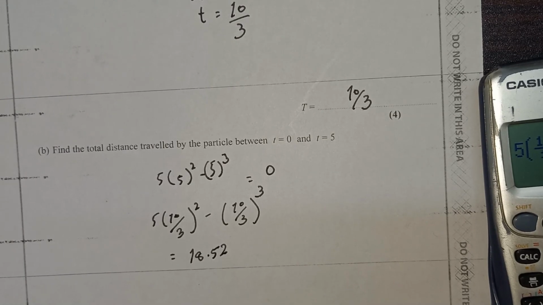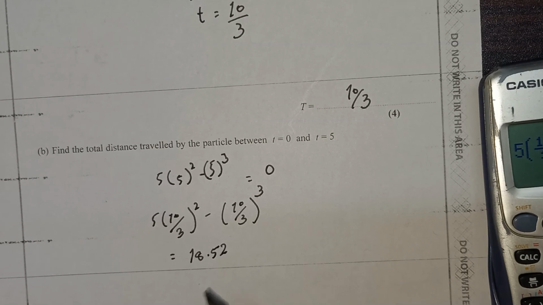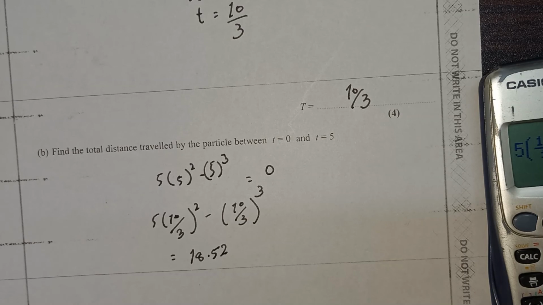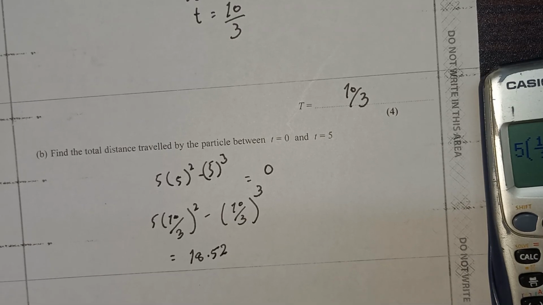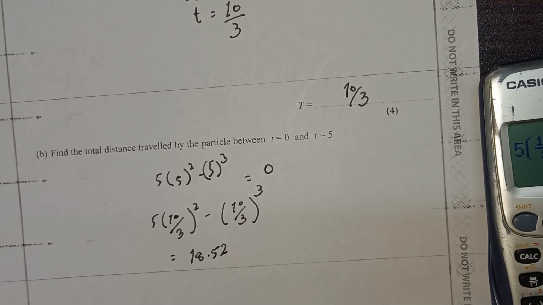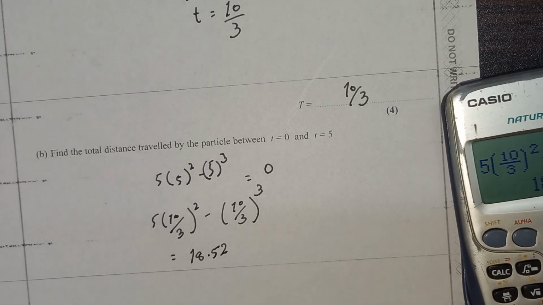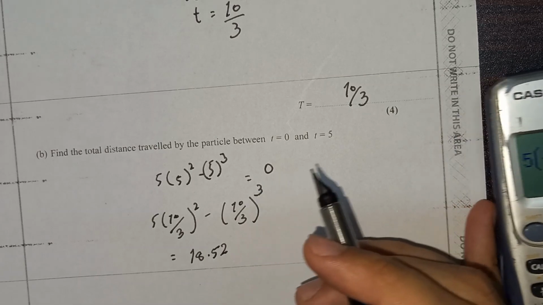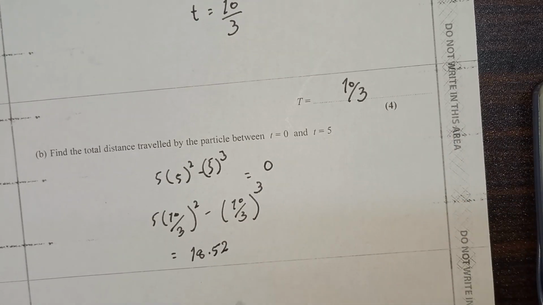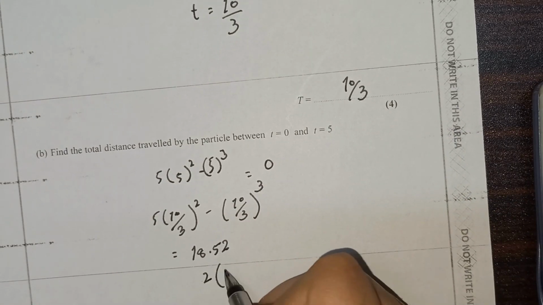And so here we have the distance traveled to its destination, and this actually isn't it. Let me just check if I did any mistake, because the answer, no, actually it's fine. So now all you need to do is multiply this by 2 to find the total distance.